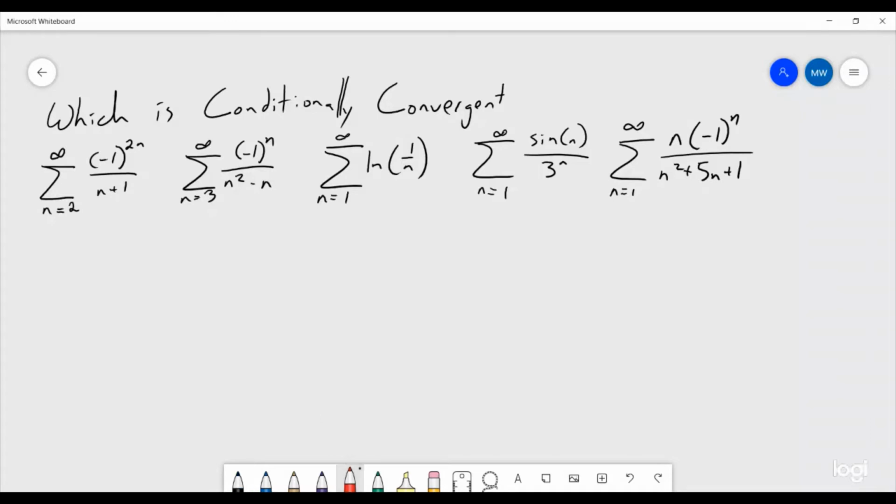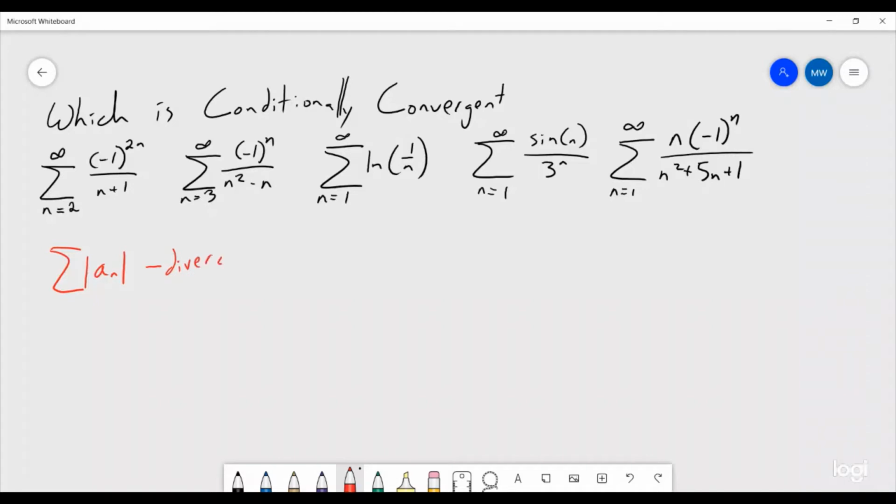So conditionally convergent is if the series converges where we are looking at this series directly, but the series of absolute values of a sub n's diverges.